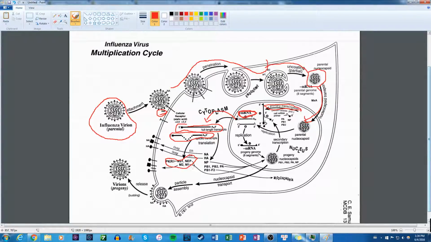Now, from here, these proteins, NS1, M2, M1, NEP, PB1, PB2, PA, and nucleocapsid, they go back into the nucleus. You may be asking, why does it do this? What's the whole point? Well, you bring in more polymerase so that you can perform secondary transcription.